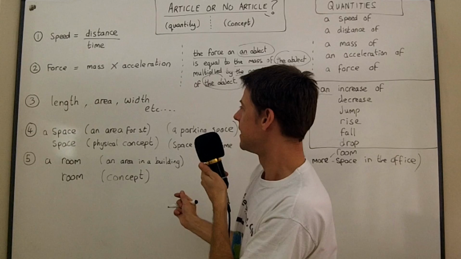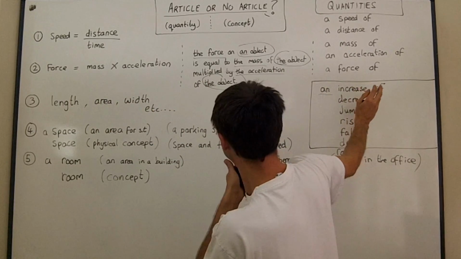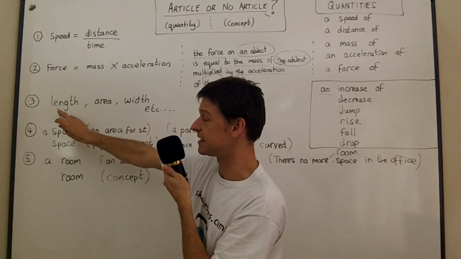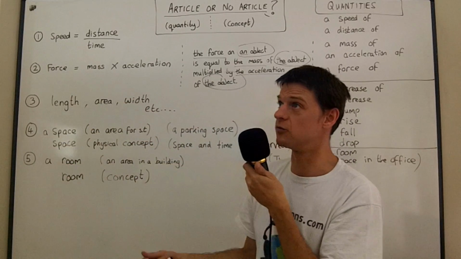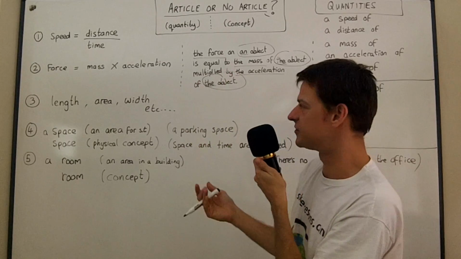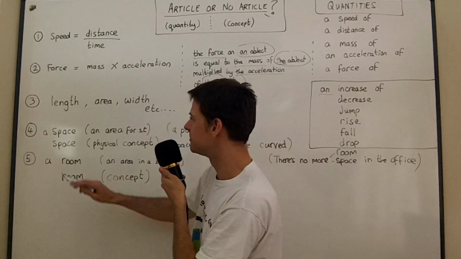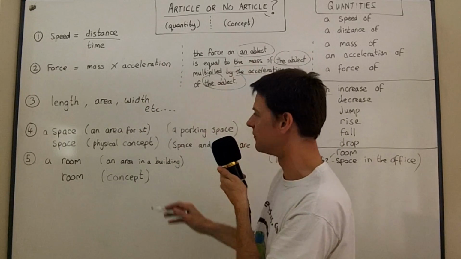However, as soon as we start to make it definite, we'll need a definite article, and if we're dealing with quantities, we certainly say, this triangle has a length of 12 centimeters on the hypotenuse, or something like that. A length of, because we're quantifying it, a width of.